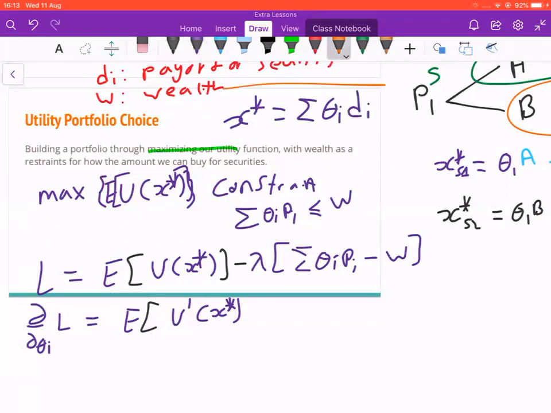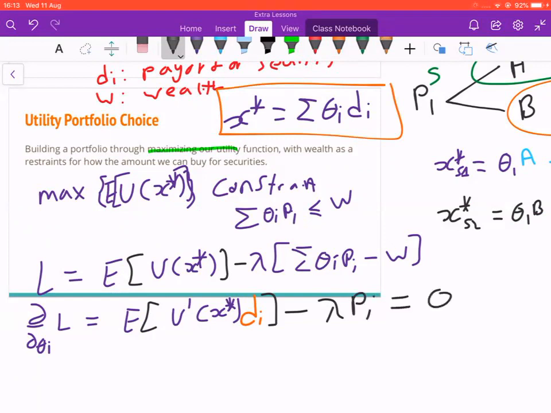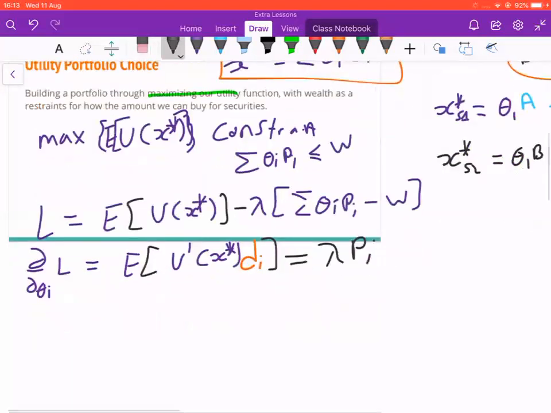So when you differentiate this in terms of theta, your answer is going to be minus lambda pi equals to 0. In other words, you can just say this thing equals to that. So this is where that equation comes from.